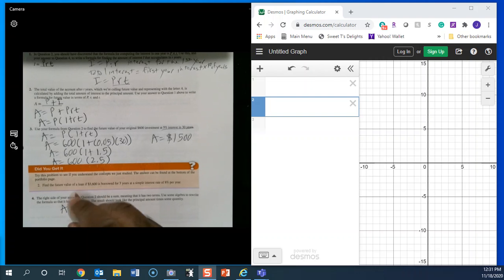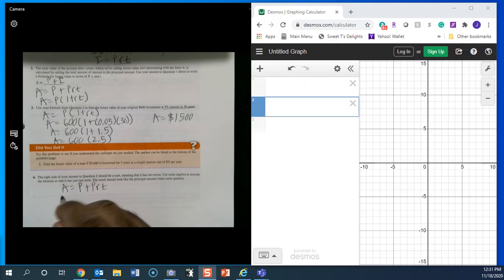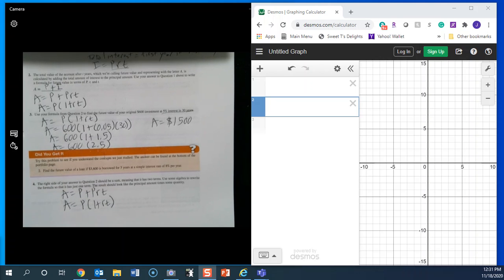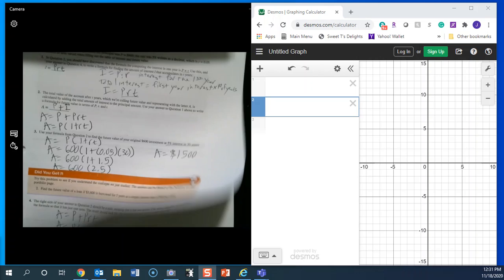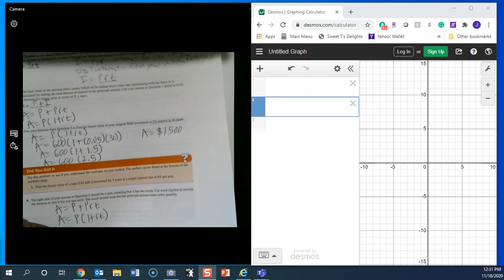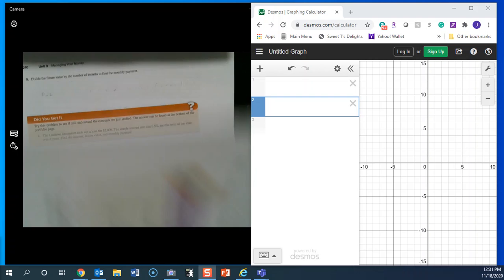But what they're saying is if you kept this version of the formula, they will want you to rewrite it in the version that we ended up with. So that's basically what they were asking for in number 4. So I guess we kind of jumped the gun a little bit, but still no harm, no foul. All right. Now we move on to page 209.